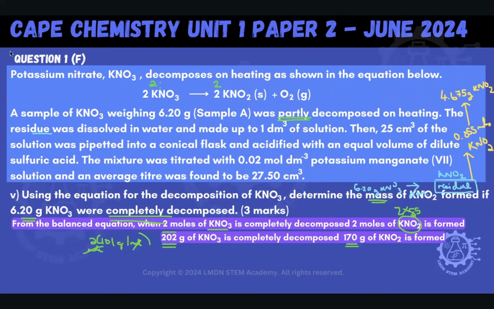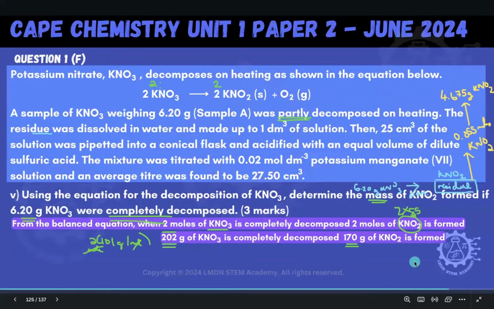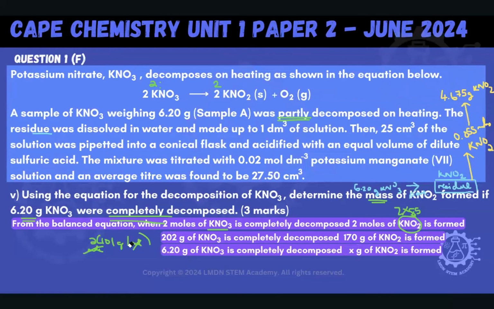And so here's our next line. It says that 6.20 grams of KNO3 is completely decomposed, and if that is completely decomposed, X grams of KNO2 will be formed.